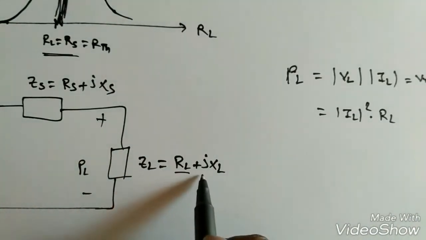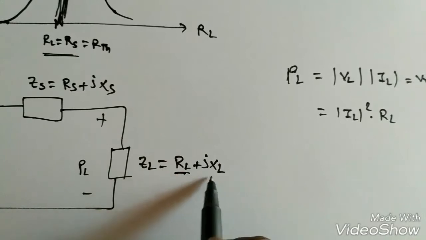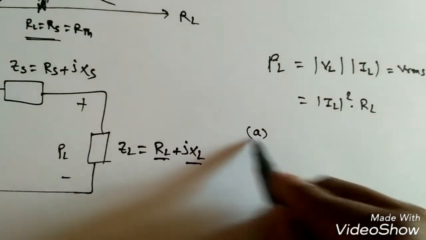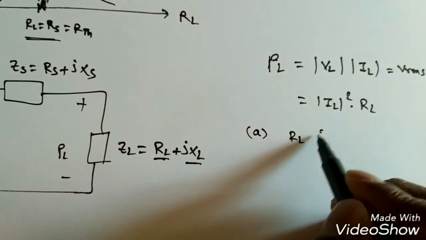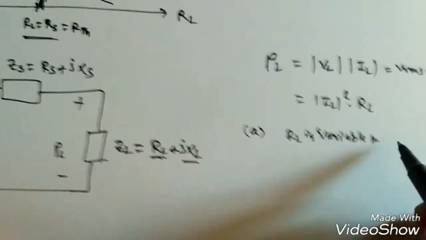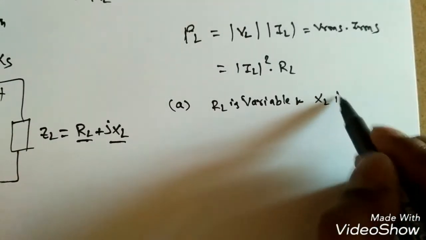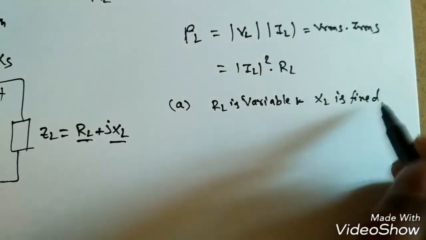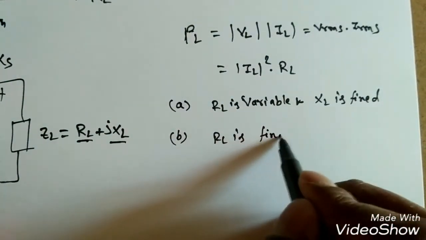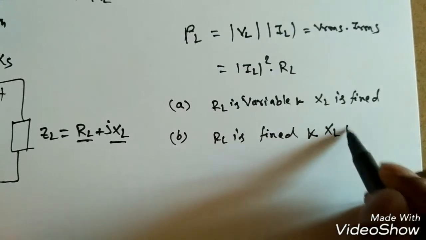Now before that, we'll see when ZL has resistance as well as reactance. Part A will come like this: RL is variable and XL is fixed. The second case B: RL is fixed and XL is variable.